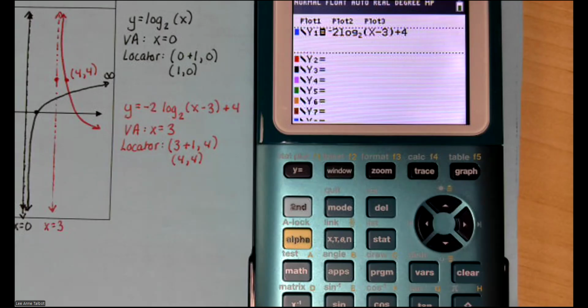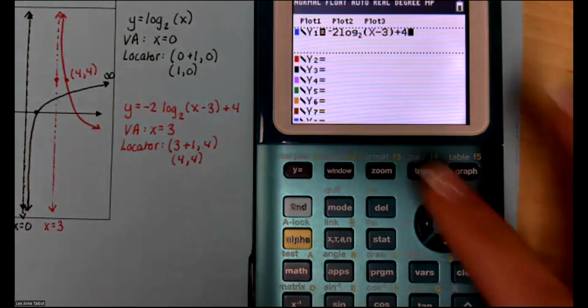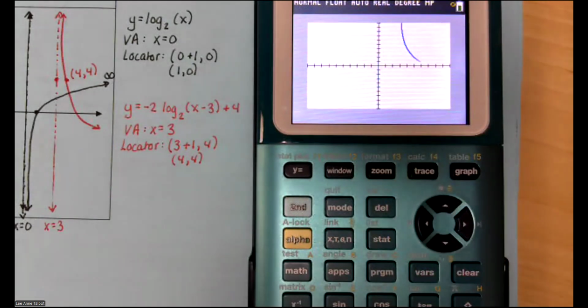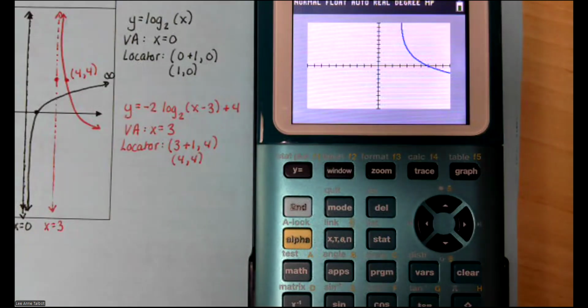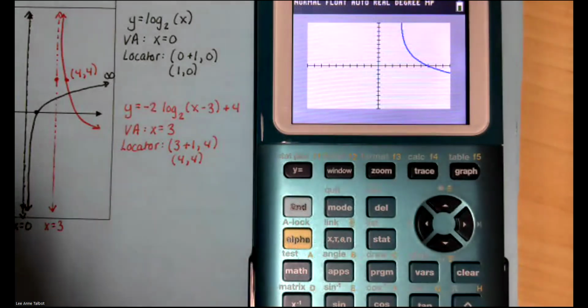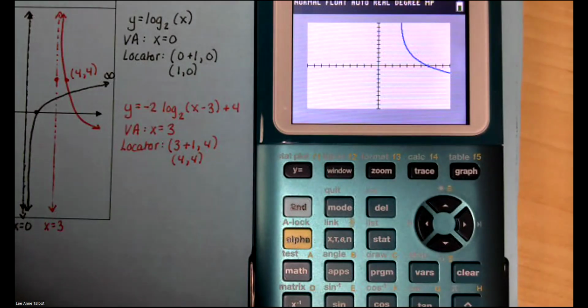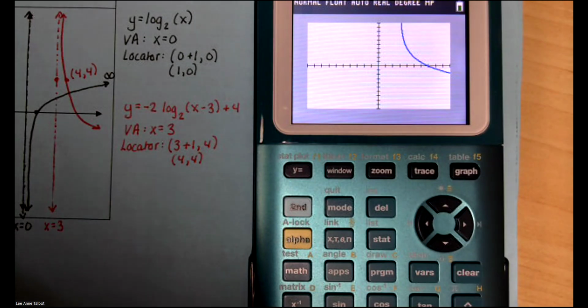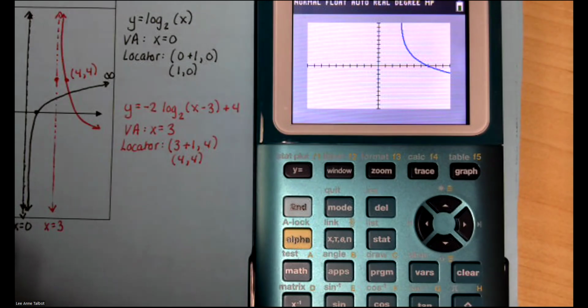Okay, now hit Zoom 6. Zoom 6. Top middle. Number 6. Go to graph. Go to graph first.